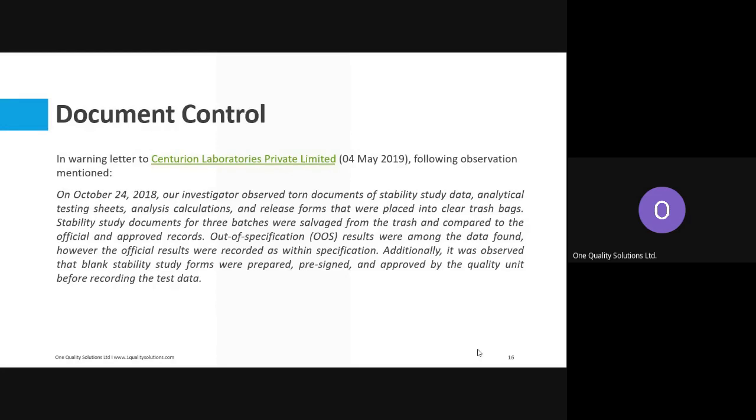So in these observations, we can read again. Additionally, it was observed that blank stability study forms were prepared, pre-signed, and approved by the quality unit before recording the test data. Can you imagine?